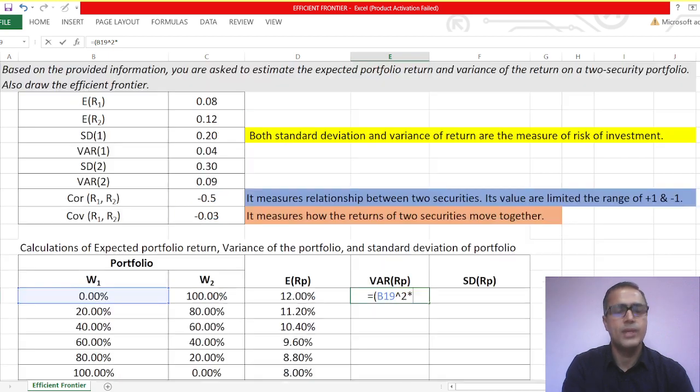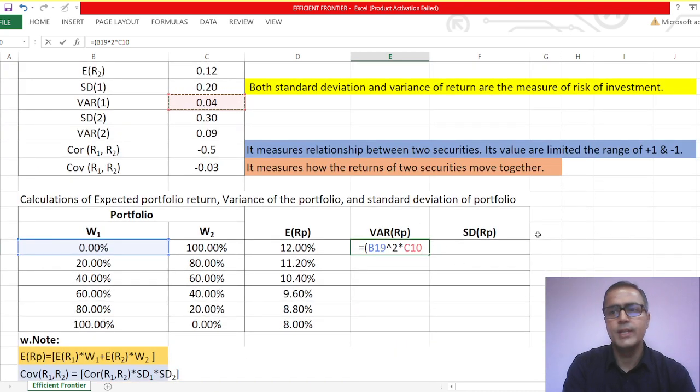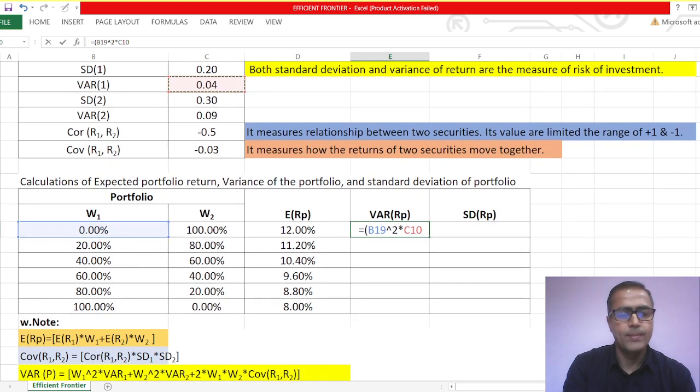Again, plus the proportion of investment in the second security squared, times the variance of 2, plus 2 times the proportion of investment in 1.